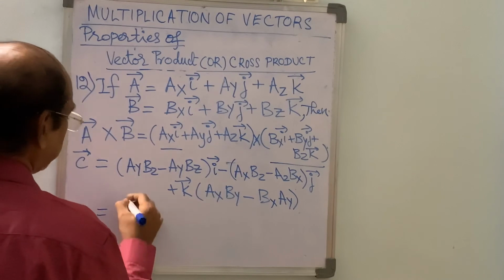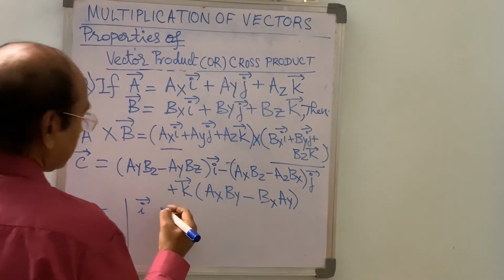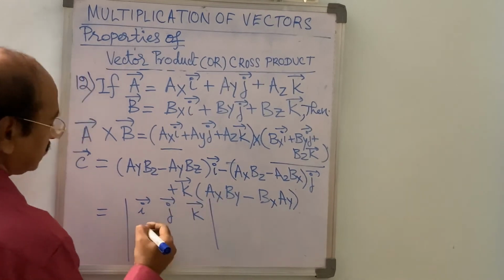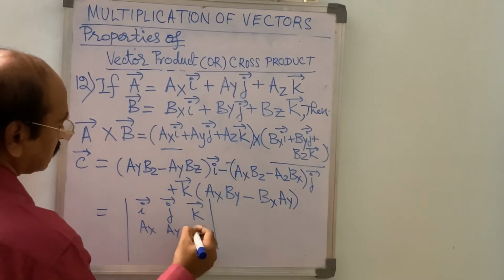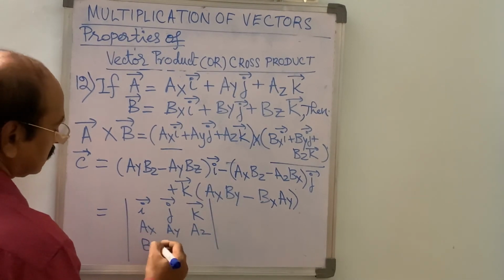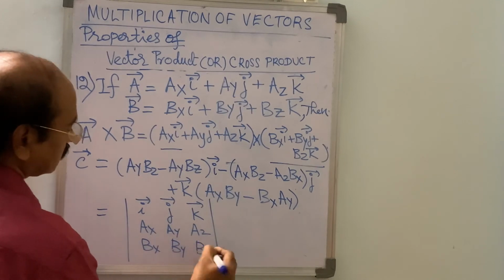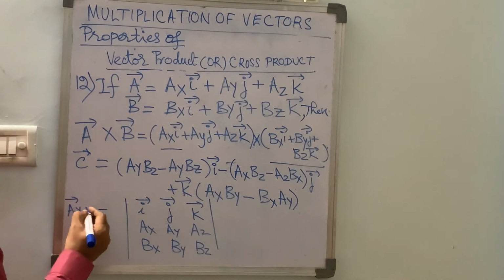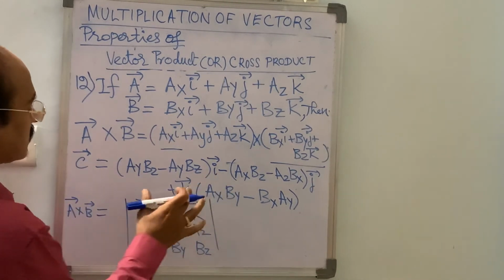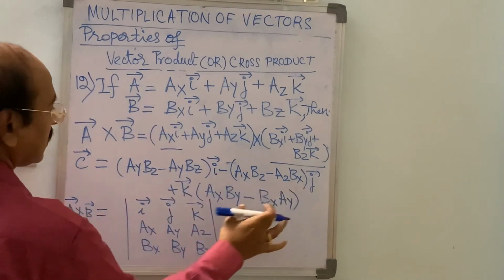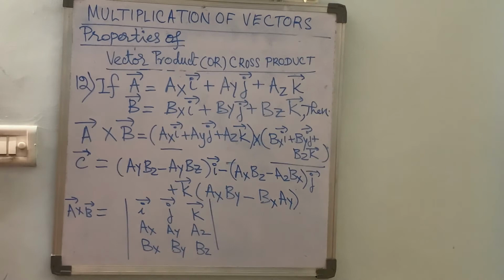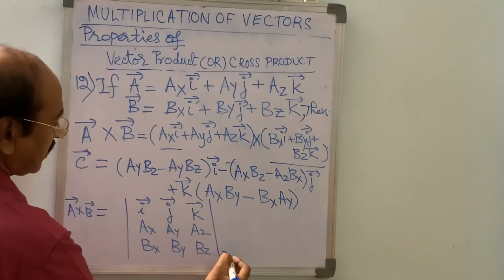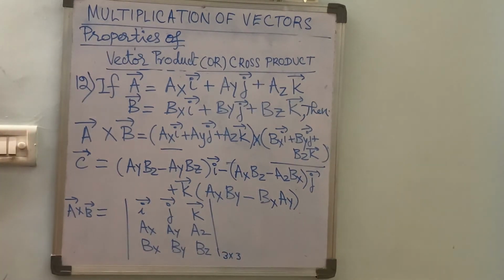So this may be written as the determinant of a 3 cross 3 matrix. This is the a bar cross b bar vector, with rows I, j, k, like this. So this is nothing but the determinant value of this 3 cross 3 matrix by writing like this.